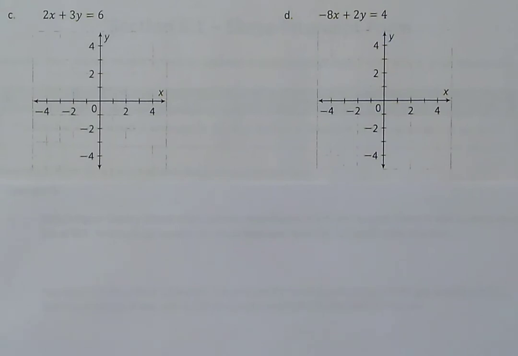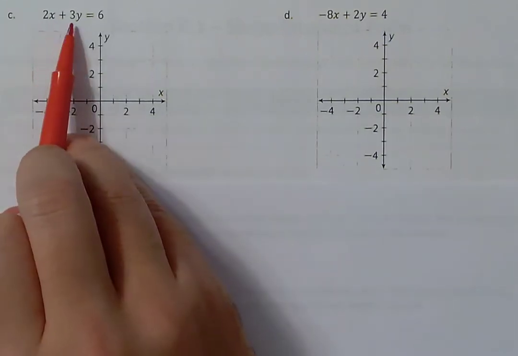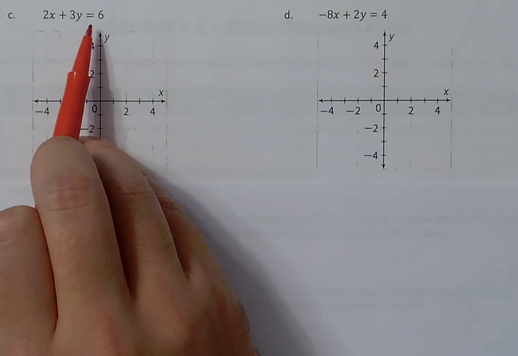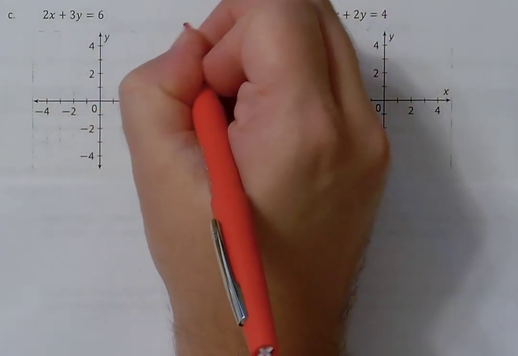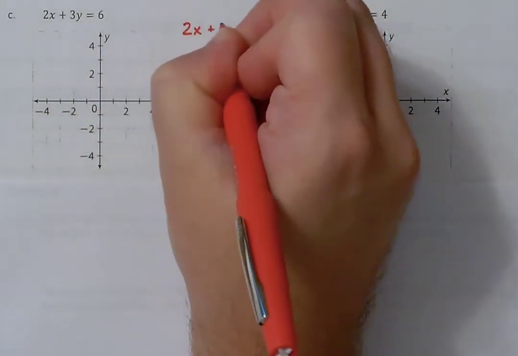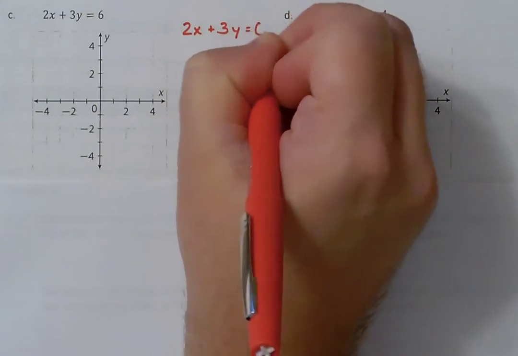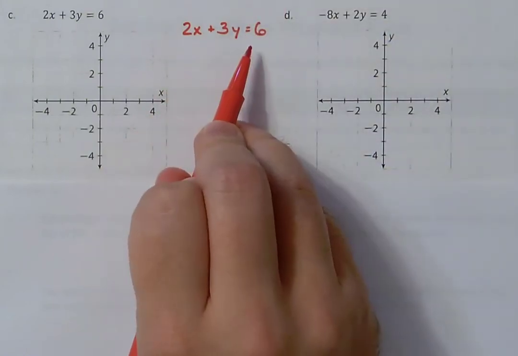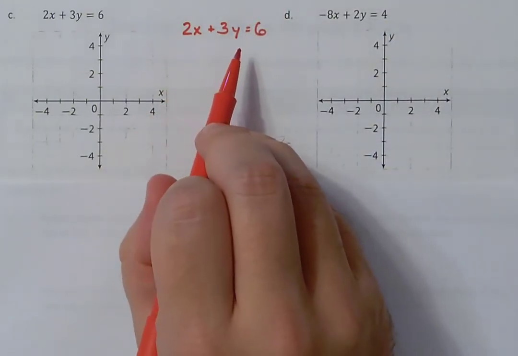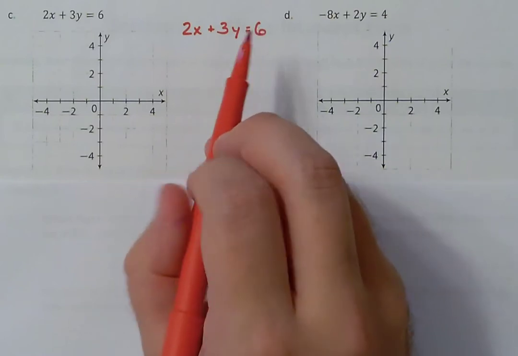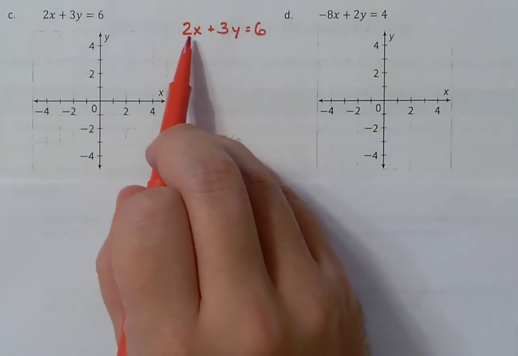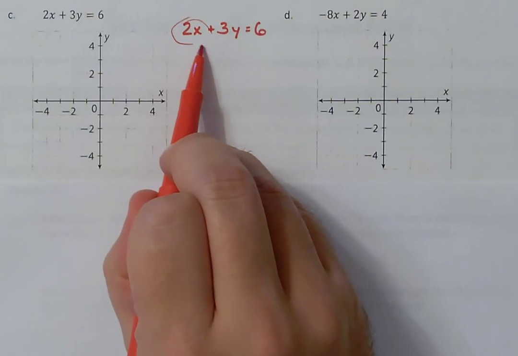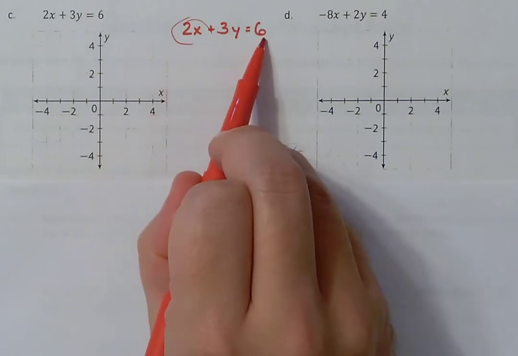Alright, so if we look at C, we have 2x plus 3y equals 6. So we need to get that into y equals form. This is referred to as standard form, and we'll talk about that in section 6.3. To get it into slope-intercept form, we first need to move this x over to the other side.